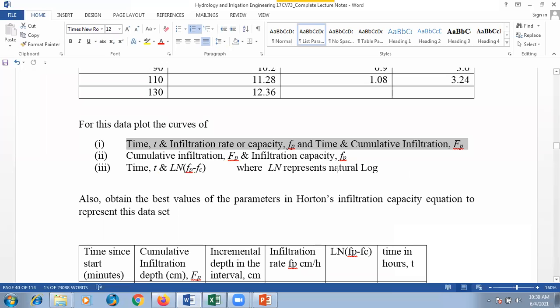So in this respect, the problem statement desires a plot of time t against infiltration capacity, FP. So this plot has to happen. How are we going to do that to begin with?